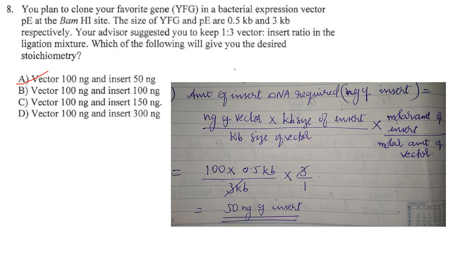Then next one. You plan to clone your favorite gene YFG in a bacterial expression vector PE at the BamHI site. The sizes of YFG and PE are 0.5 kb and 3 kb respectively. Your advisor suggested you keep a 1:3 vector to insert ratio in the ligation mixture. Which of the following will give you the desired stoichiometry?